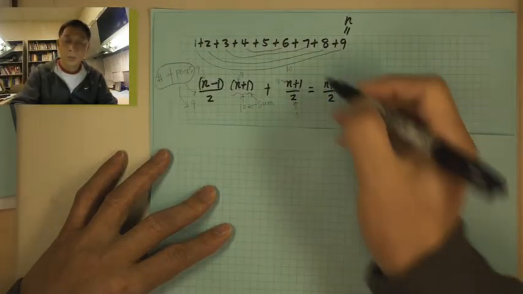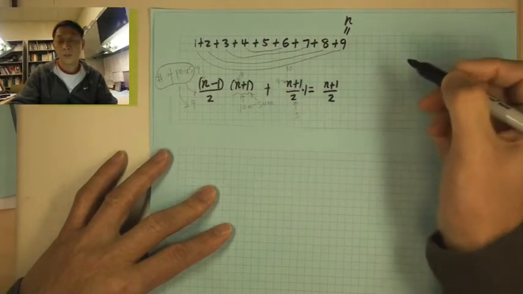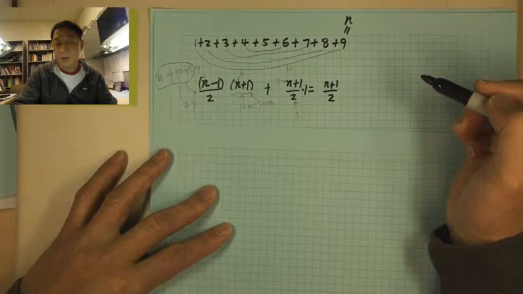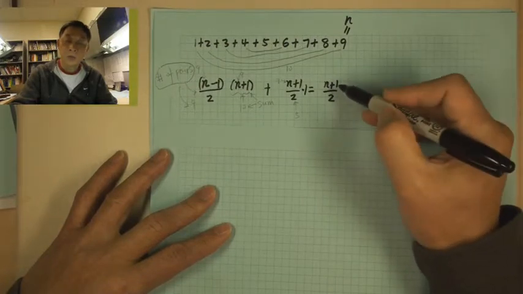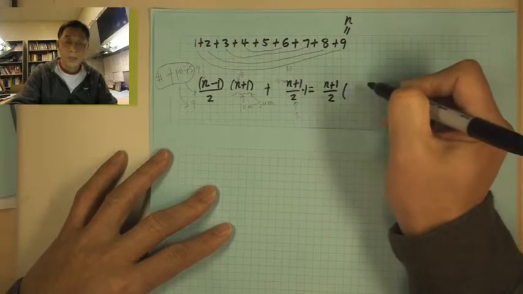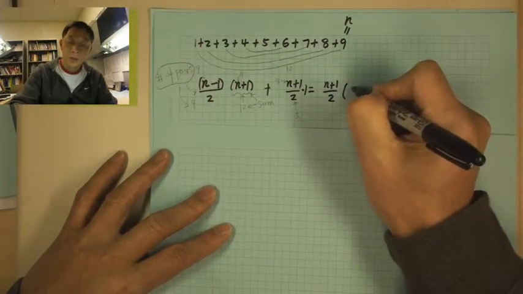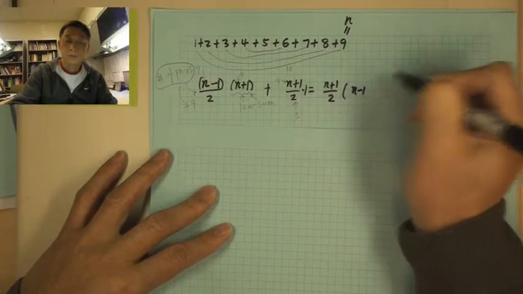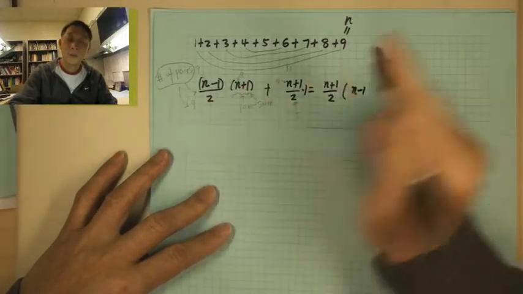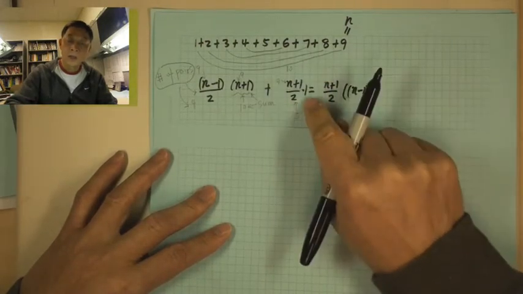When you pull it out, the first one has n minus 1 left over, and the second one has a 1 left over.